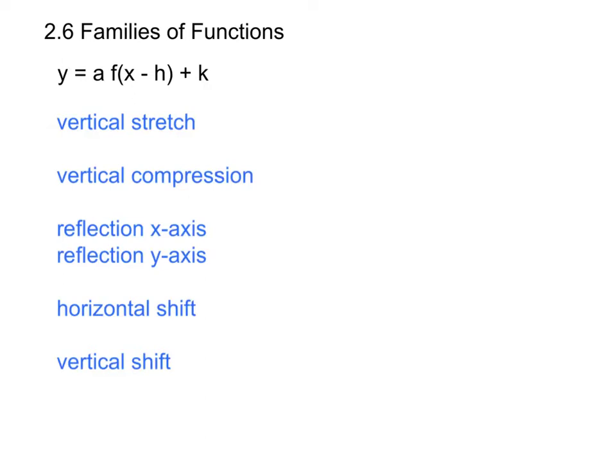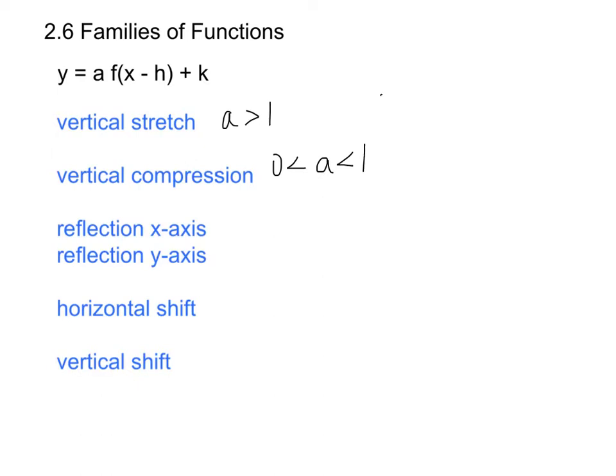Okay, A, that's the number in front of f of x, and it will stretch your graph vertically if A is greater than 1, and if A is between 0 and 1, it will compress your graph, so it looks like you're smushing it.